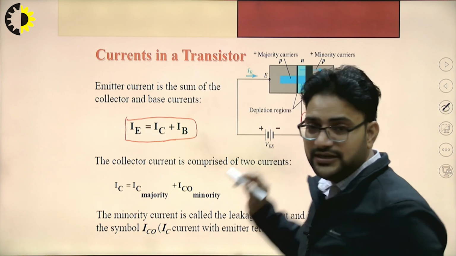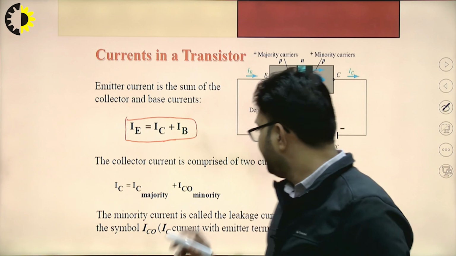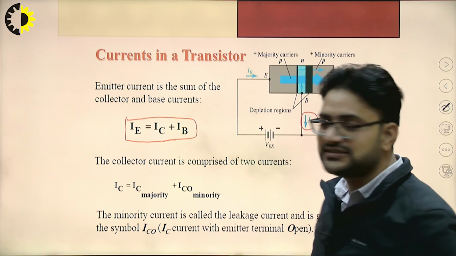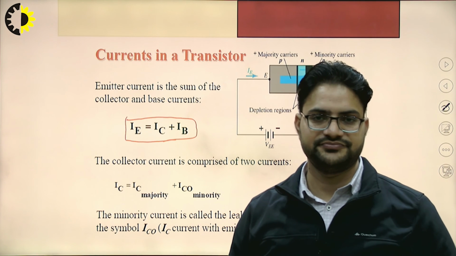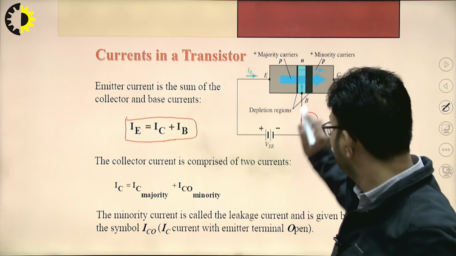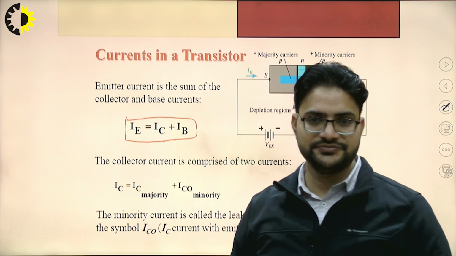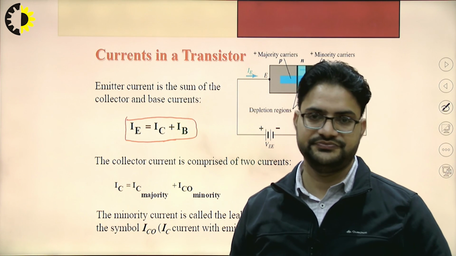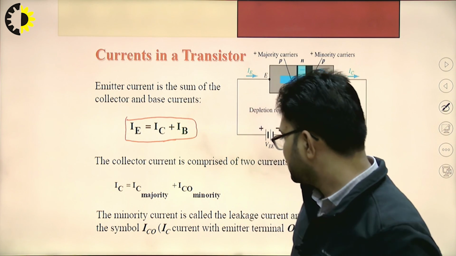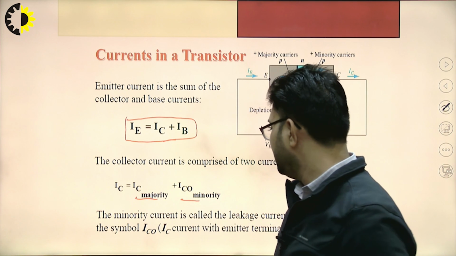It is actually a combination of two currents: first the majority charge carrier current and second the minority charge carrier current. The majority charge carrier current is called the diffusion current and the minority charge carrier current is called the drift current.